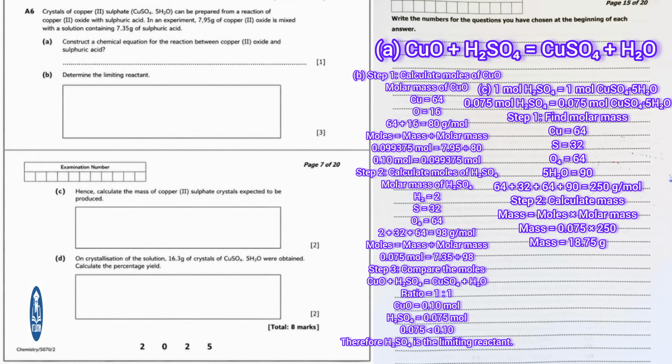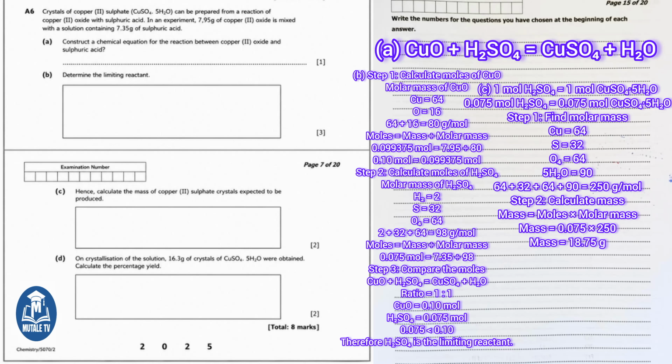So moles of crystals equals 0.075 moles. Molar mass of CuSO4.5H2O equals 64 plus 32 plus 64 plus 90 equals 250 grams per mole. Mass equals moles times molar mass equals 0.075 times 250 equals 18.75 grams.